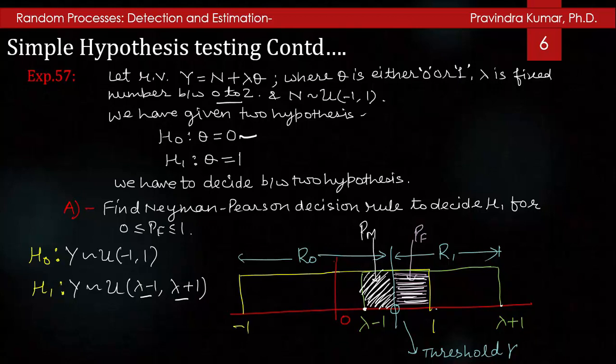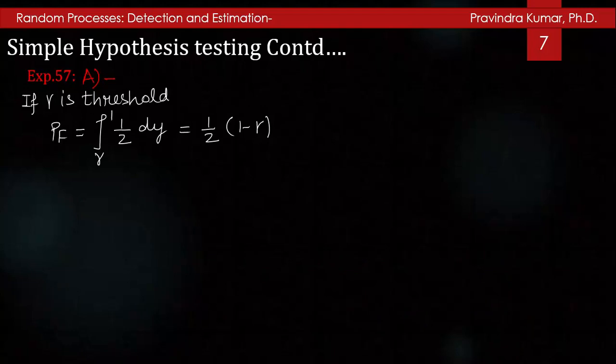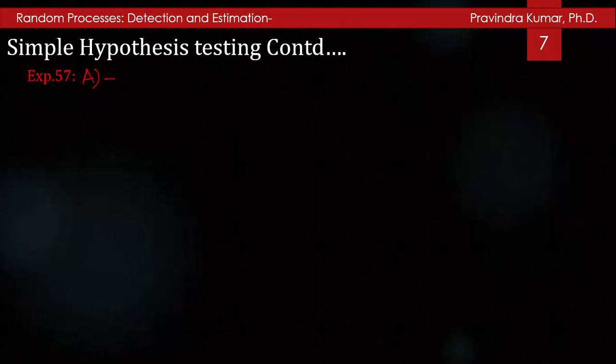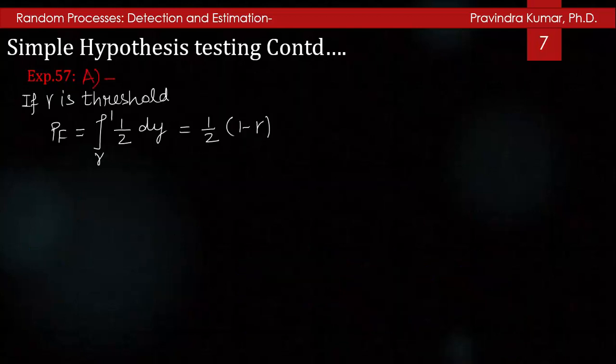So if gamma is the threshold, the probability of false alarm will be from gamma to 1. This is the probability of false alarm. So we integrate from gamma to 1 of 1/2 dy, and it will be 1/2 (1 minus gamma).